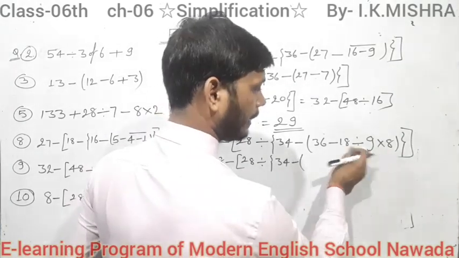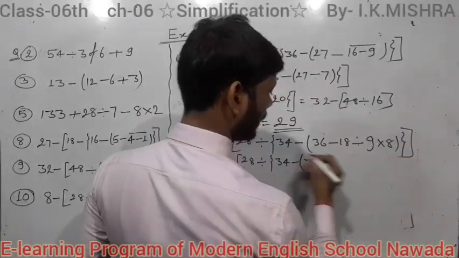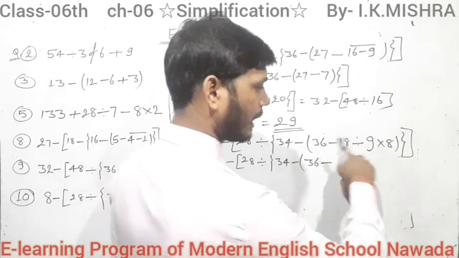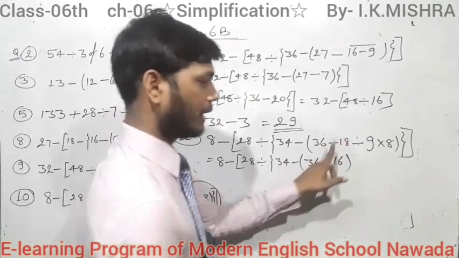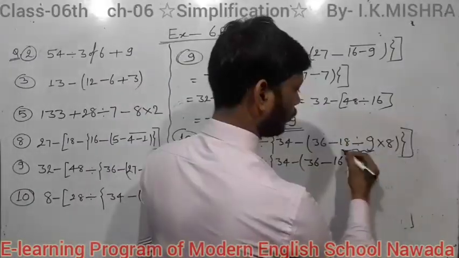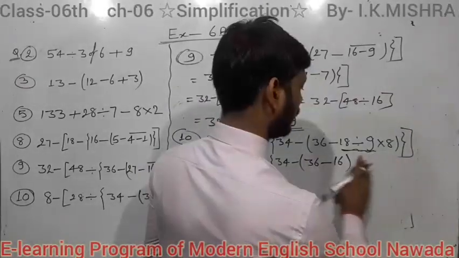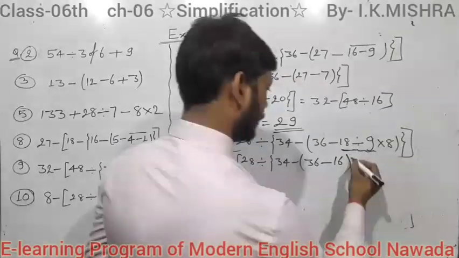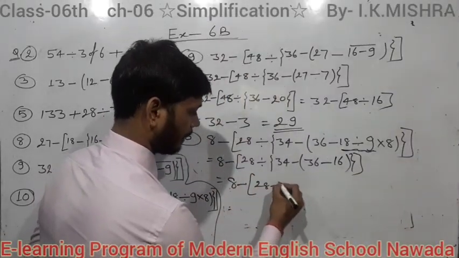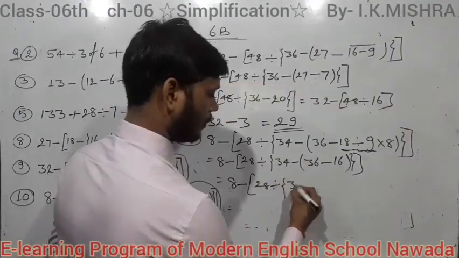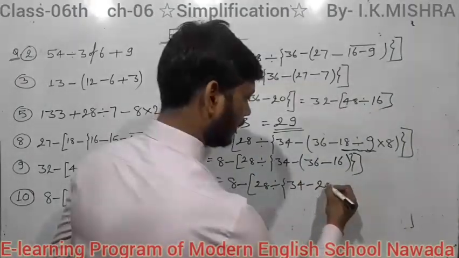Here divide 18 by 9, 2 times, and then this, that means 36 minus here 2 times 8, 16. First of all divide, its value is 2, and multiply into 8, so value is 16, so minus 16. After that students, 8 minus 28 divided by 34 minus, and subtract here 20.